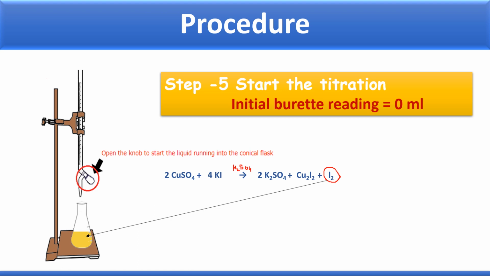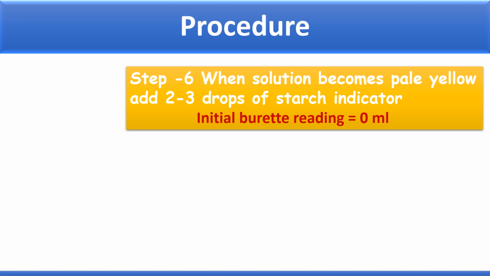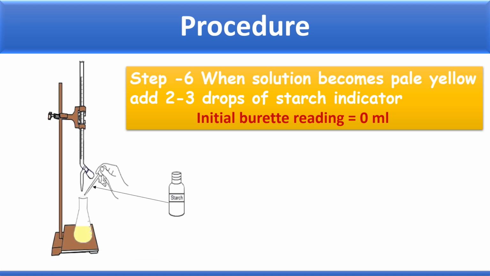Take the initial burette reading. It is always 0 ml. Now open the knob to start the hypo solution running into the conical flask and the titration gets started. Step 6. When solution becomes pale yellow, add 2-3 drops of starch indicator.